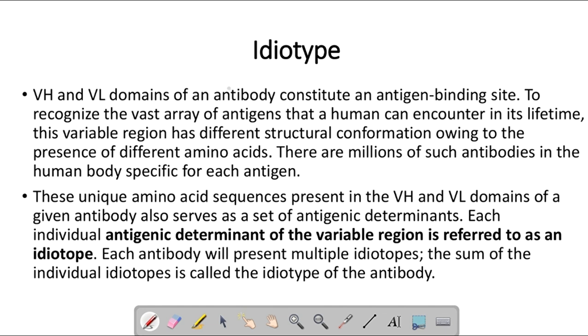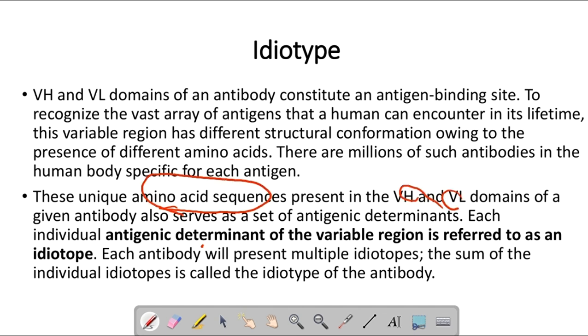Let us see what idiotypes are. The VH and VL domains, the heavy variable and light variable chains of the antibody, constitute the antigen binding site. This is responsible for antigen binding, to recognize the vast array of antigens that a human can encounter in its lifetime. The variable region has different structural configurations owing to the presence of different amino acids.